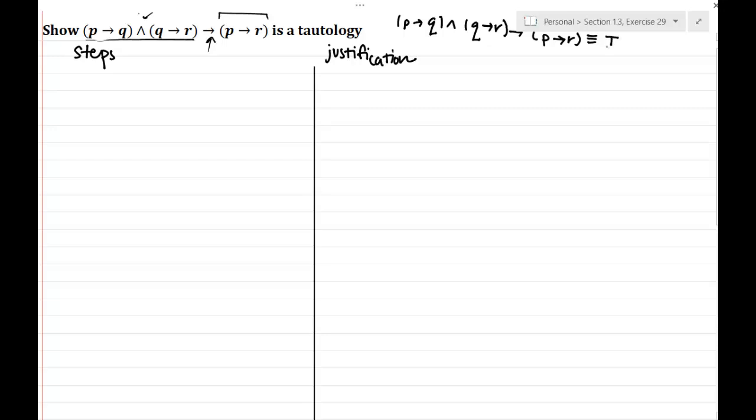Okay? So it's like in my head I think, oh, left-hand side. Okay. So I'm going to go ahead and copy that down just so I know where I'm starting. So I've got P implies Q, and Q implies R, implies P implies R. Okay. So my justification here is just my starting point.